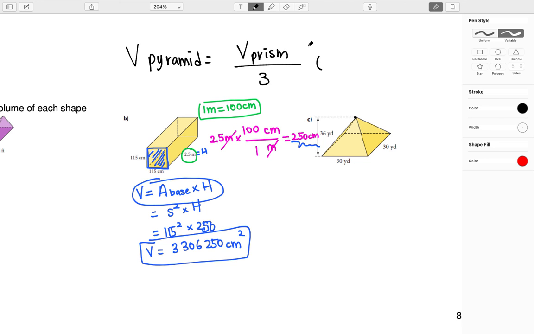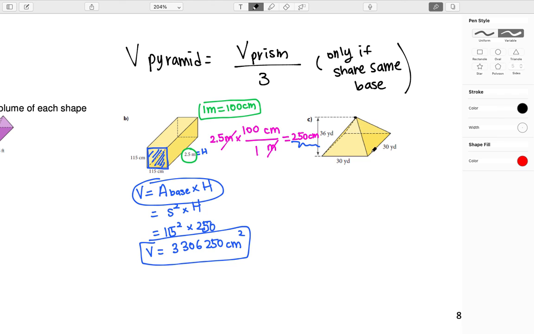And you have to remember that this is the case only if they share the same base. Then if I have 3 of the pyramid, it will fill up to exactly the volume of a prism.